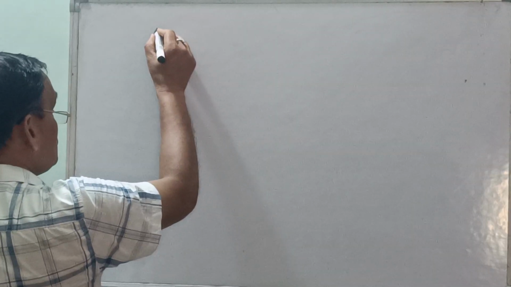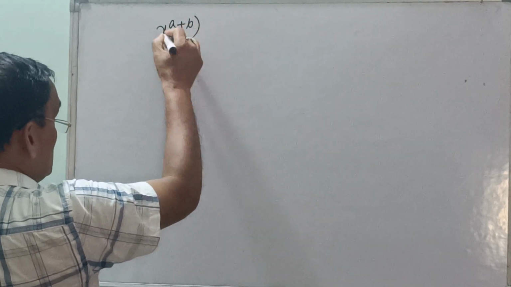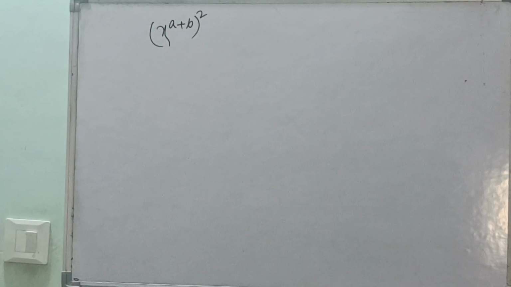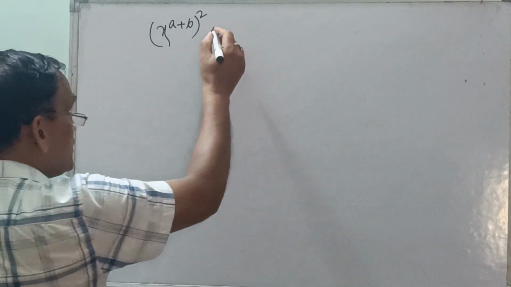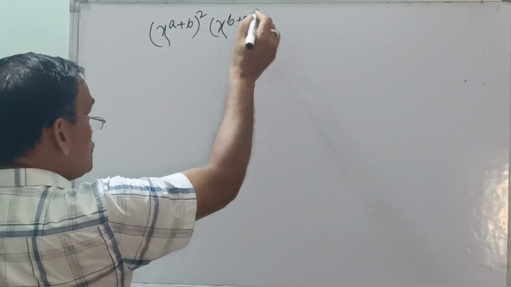x to the power a plus b. Try to understand this question. x to the power a plus b and power 2. Another is x to the power b plus c and power 2.